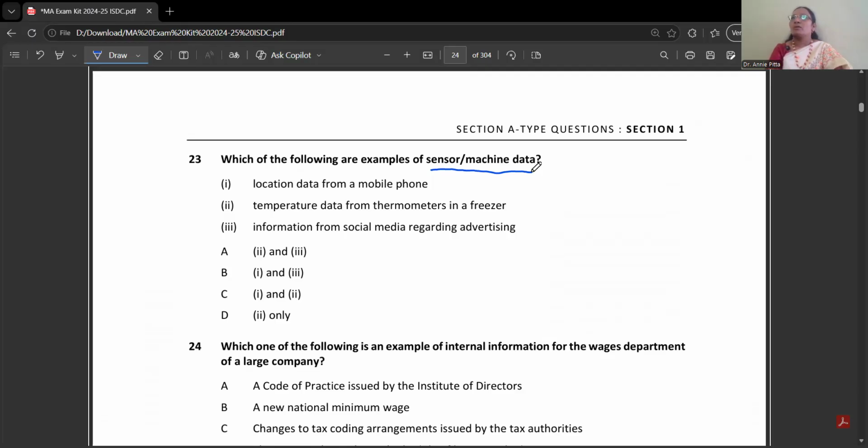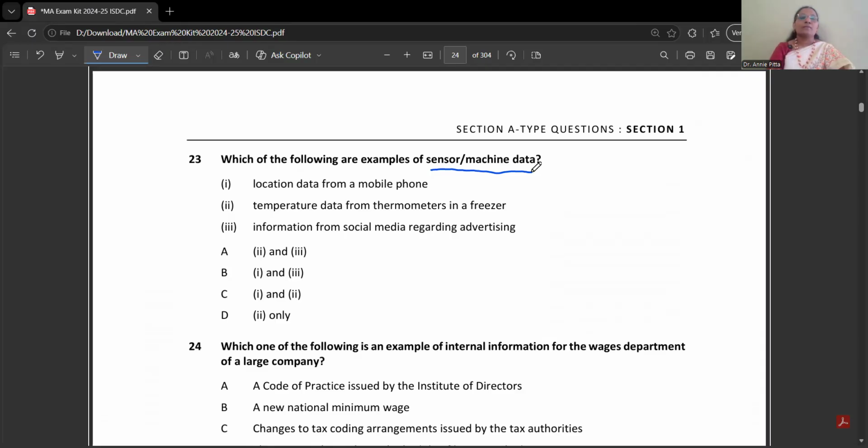They can be operated remotely, and some amount of data gets recorded in these devices. So we are talking about the data which is recorded in devices which can be remotely managed. That is the meaning of sensor or machine data.